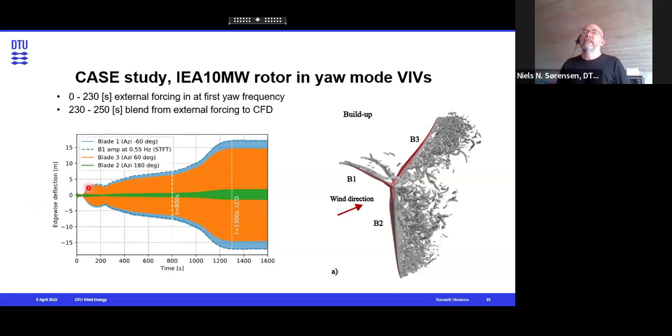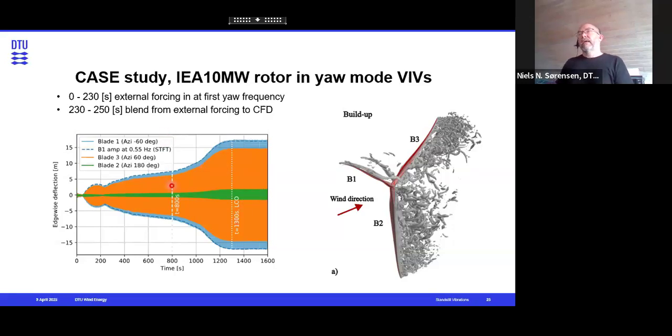After the original forcing up to 230 seconds, when we let the rotor vibrate freely under the CFD loads, we see a slow development of the tip amplitude for both blade 1 and blade 3, whereas blade 2, which points along the tower, is nearly not vibrating, and that is typical for a yaw mode.